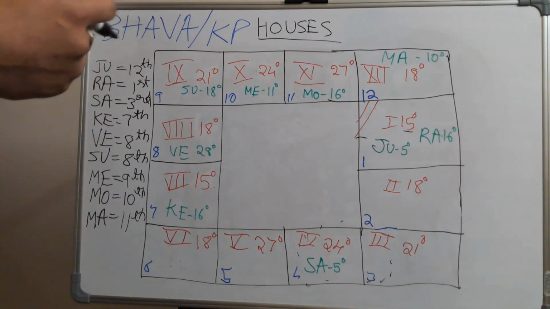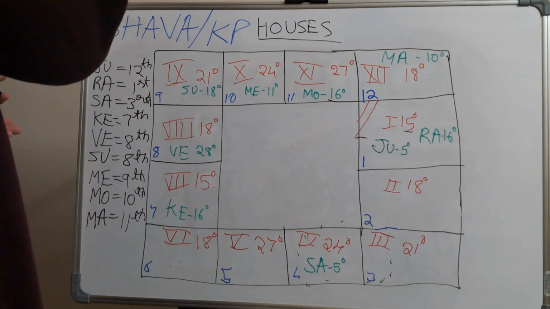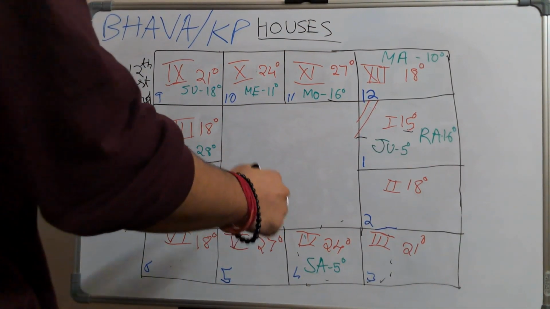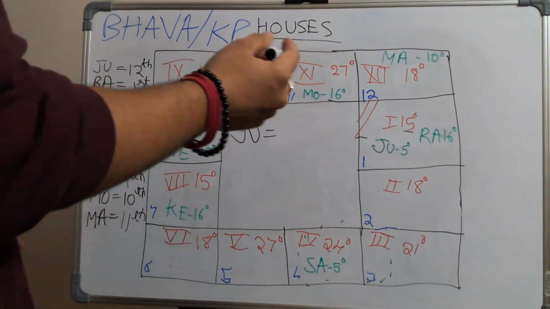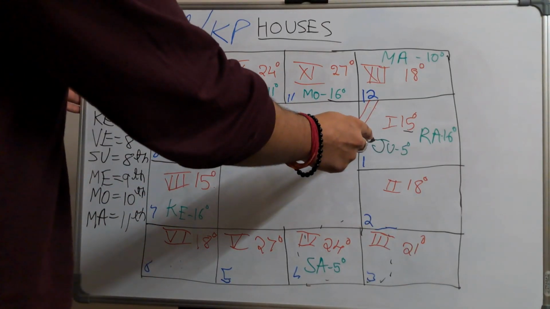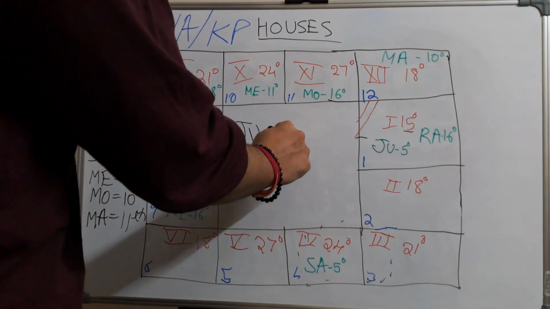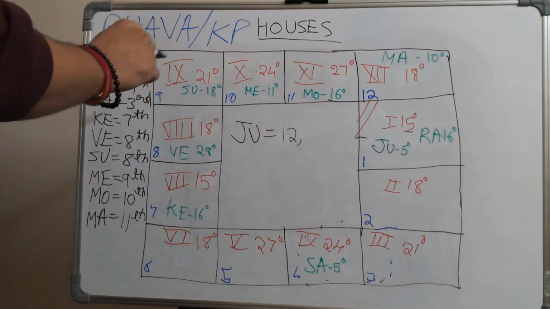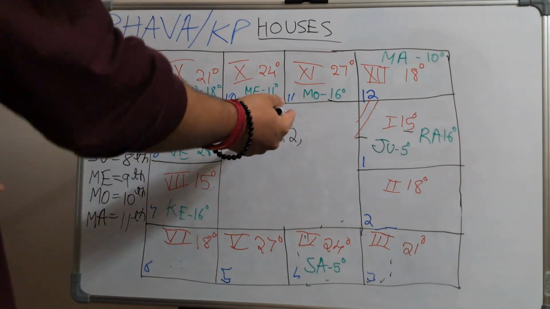So, for example, let's take Jupiter only. Here, the signification of Jupiter is that Jupiter is in the 12th house. So 12, and the houses Jupiter owns also get added here.